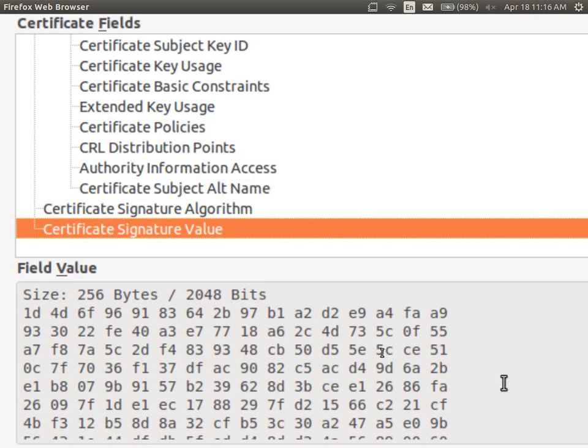So these bits, or the hex values here, if we take all the other fields, calculate a hash using SHA-256 of all those other fields, and then encrypt with a private key, we get these bits, the signature. Which private key? Which private key was used to get this signature value? Whose private key was used to get that signature?